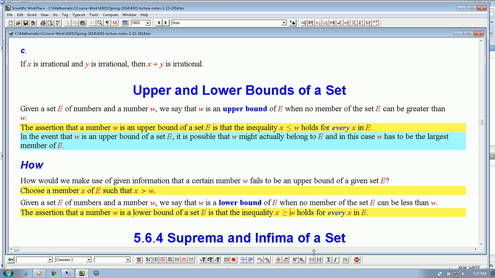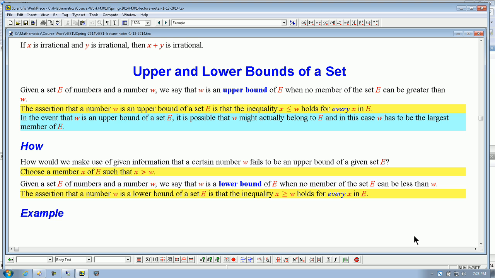So I've just told you about upper bound and a lower bound. All right? We are going to look at a little example. In this example, we take E to be equal to the interval that runs from 0 to 1.